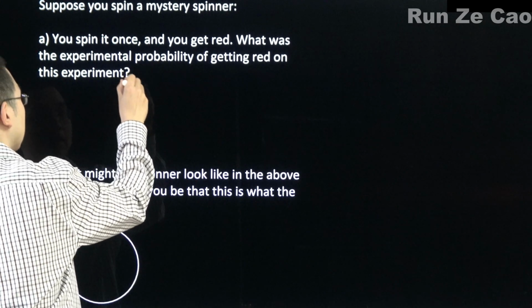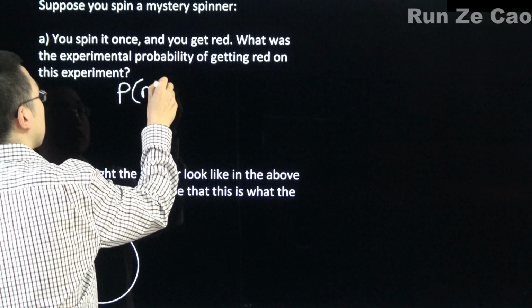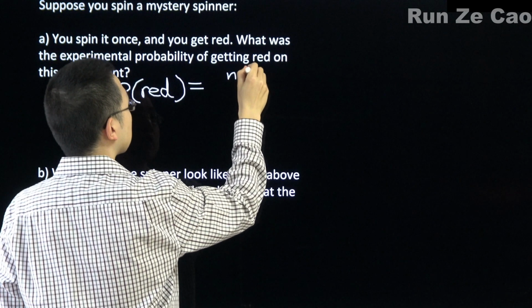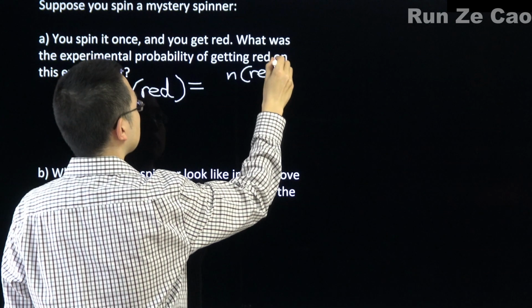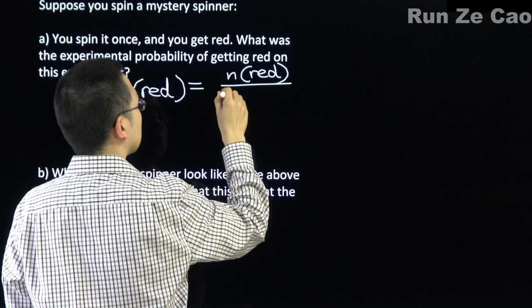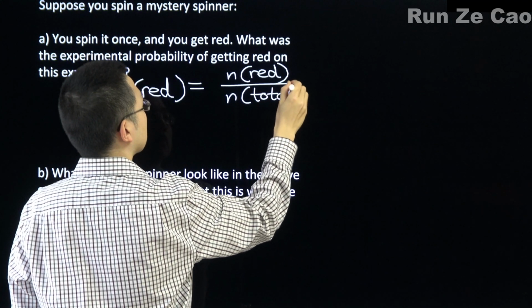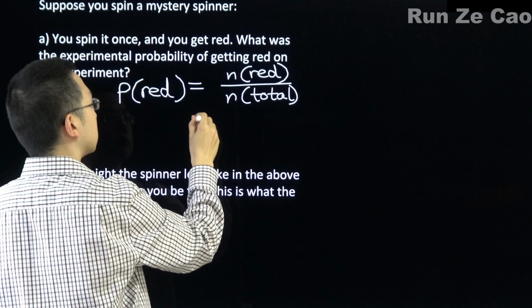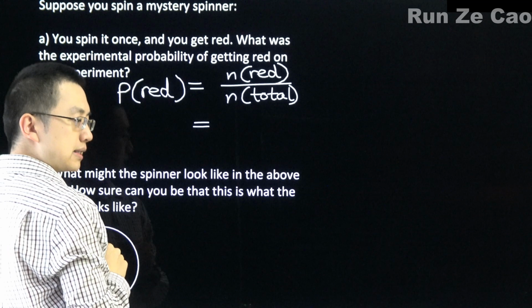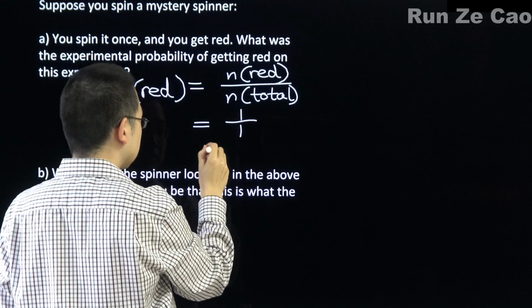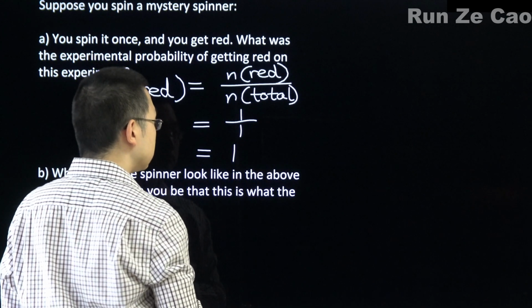Well, the probability of red is equal to number of times you got red over number of times total. Or just N, as I said before. So, this would be 1 out of 1, and this is equal to 1.